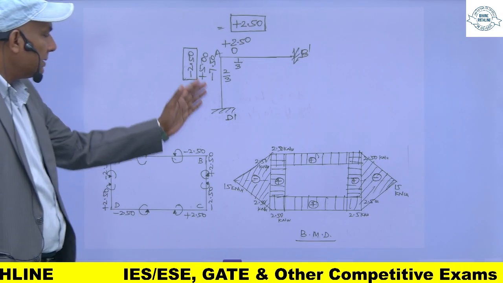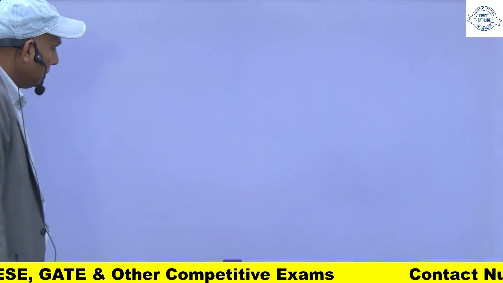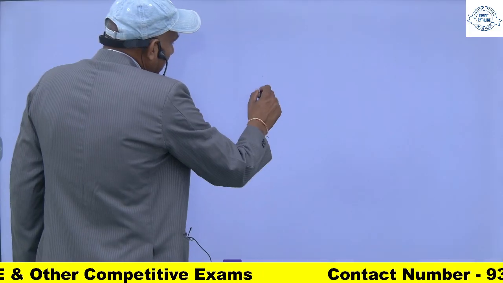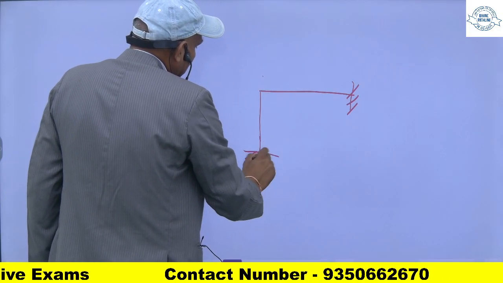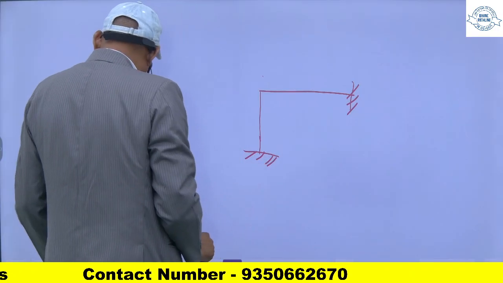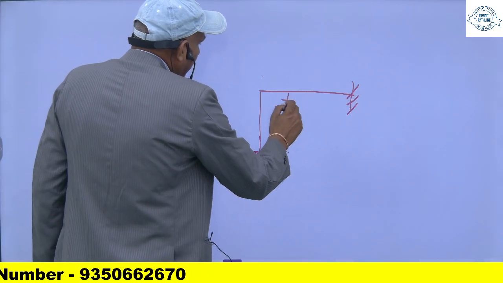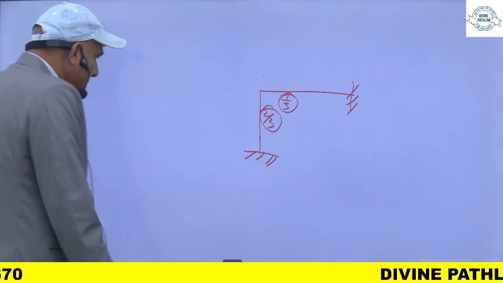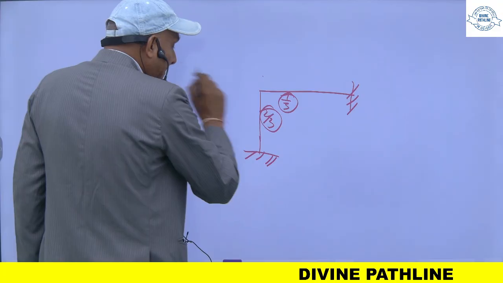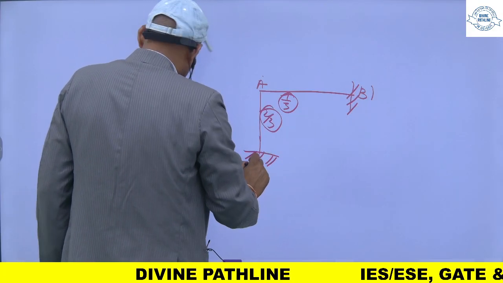So now this is the table. It is 1 by 3 for this, and it is 2 by 3 for this. Moment at this point, this is A, this is B1 now, and this is D1.